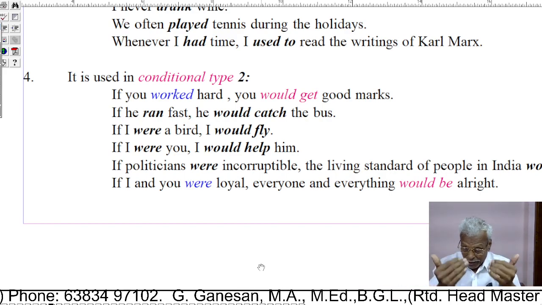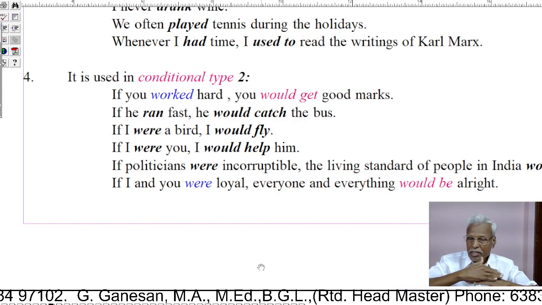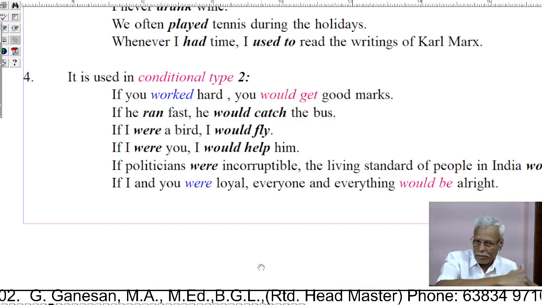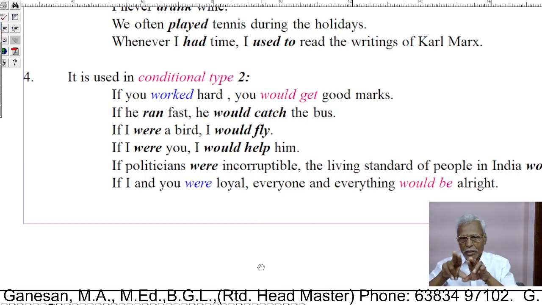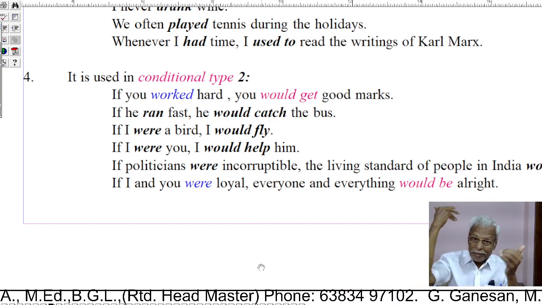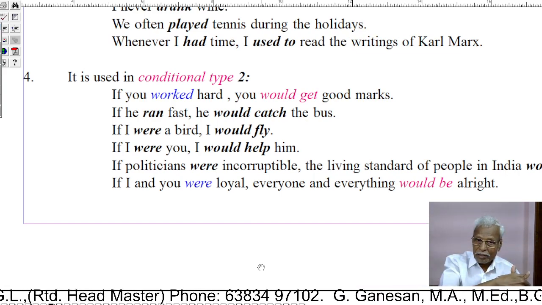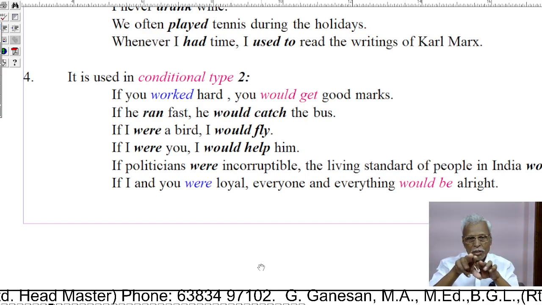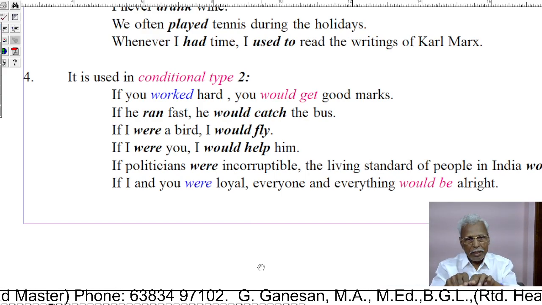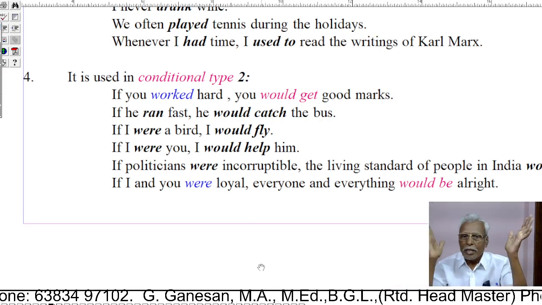and will or shall plus present tense is used in the main clause. In the second type, which we are seeing now, simple past is used in the if clause, and would plus present tense is used in the main clause. In the third type, past perfect is used in the if clause, and would have plus past participle is used in the main clause.